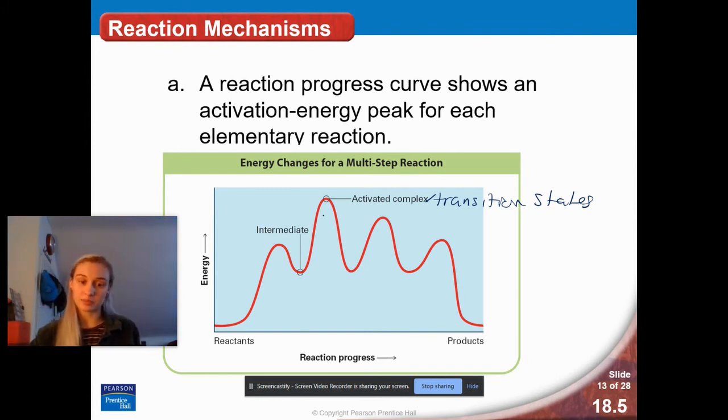Transition states happen at the peak, and intermediates are like the baby products that have lower energy. The difference is that intermediates have low energy and transition states have very high energy. Remember, transition states are unstable, but intermediates are kind of stable. They're not what we want. What we want is down here at this actual product, but they have less energy than transition states.